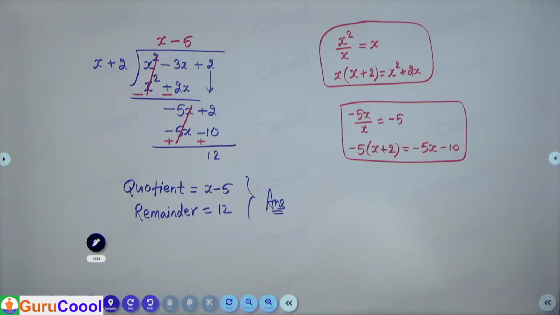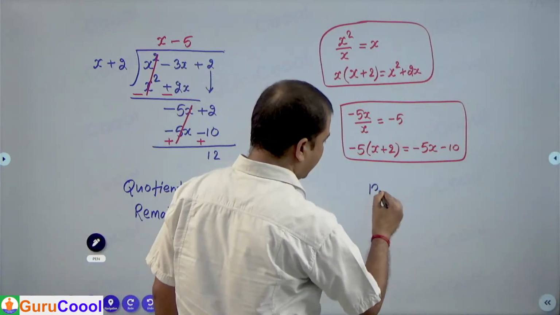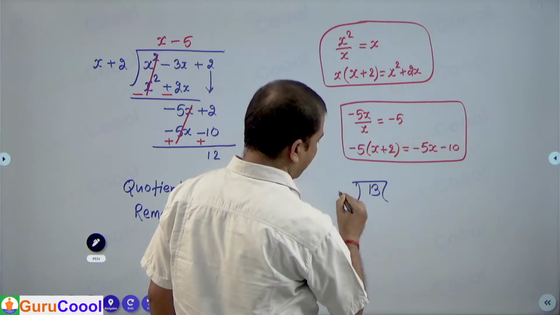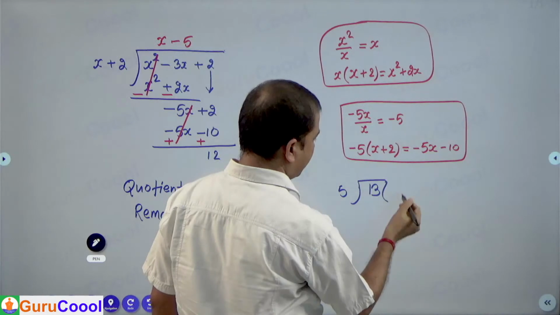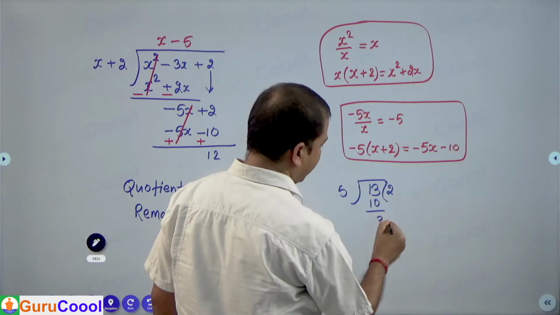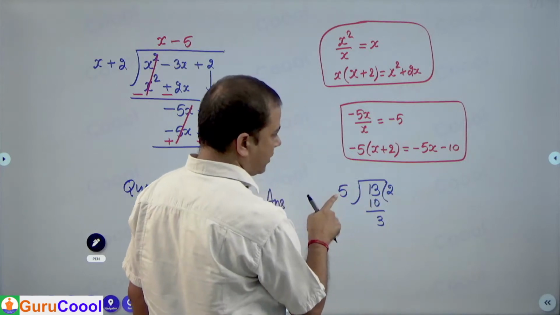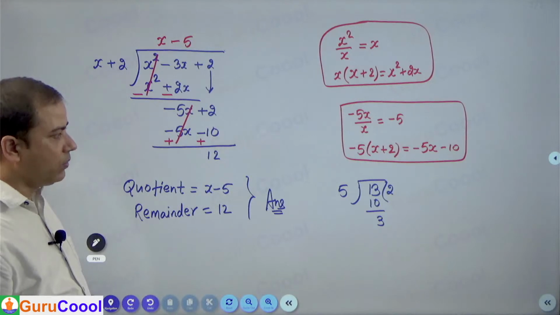No, sir. We divide 13 by 5. 5 times 2 is 10. Remainder is 3. Do you think 5 is a factor of 13? No, sir. Why do you say no?